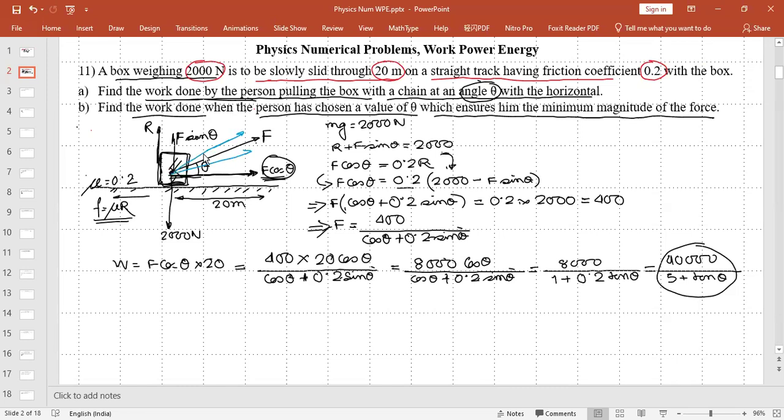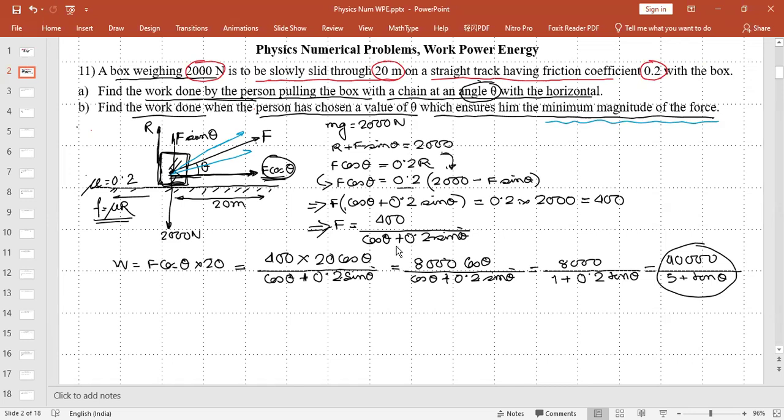We can try pulling in various directions. We also do it in our daily life. Our brain automatically finds the angle where the pulling force is minimum. So we have to find the theta when the magnitude of the force is minimum.